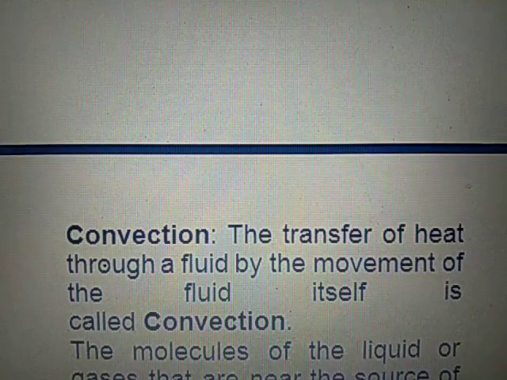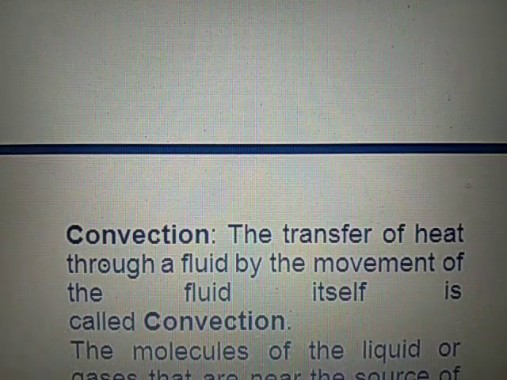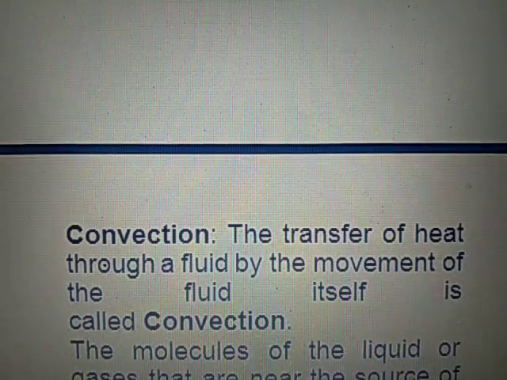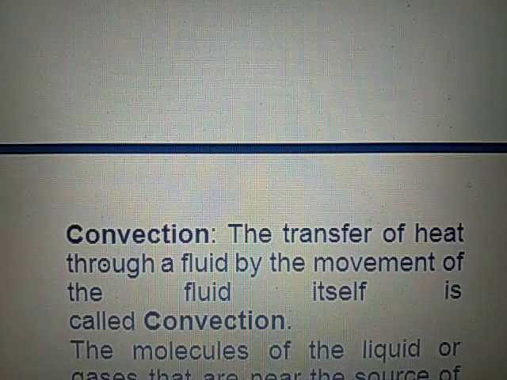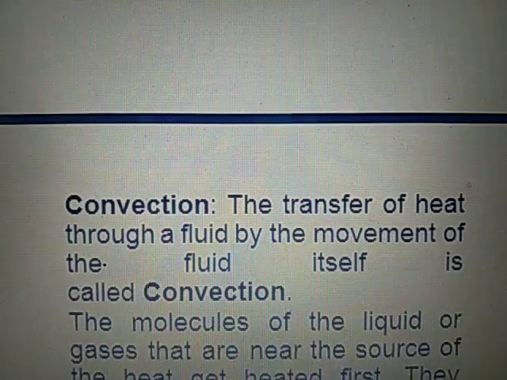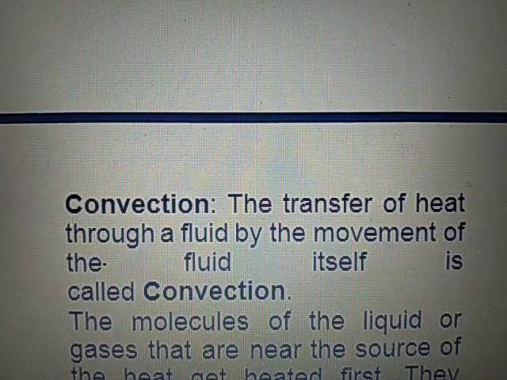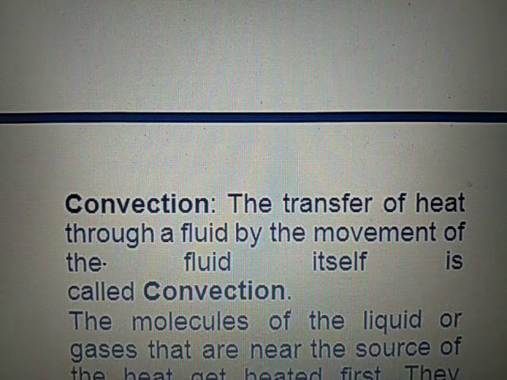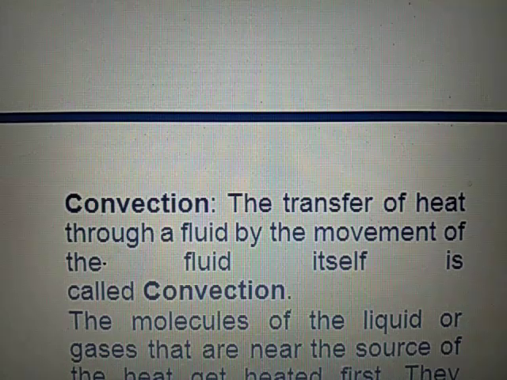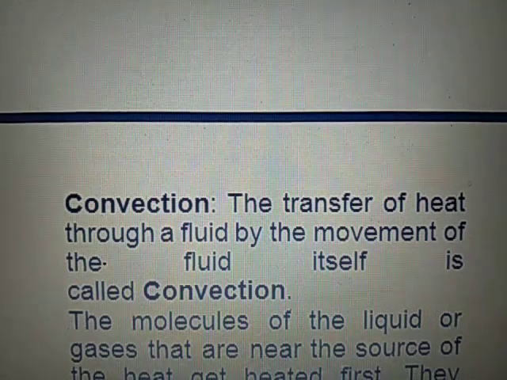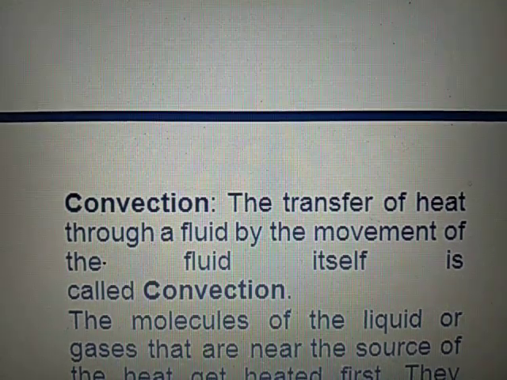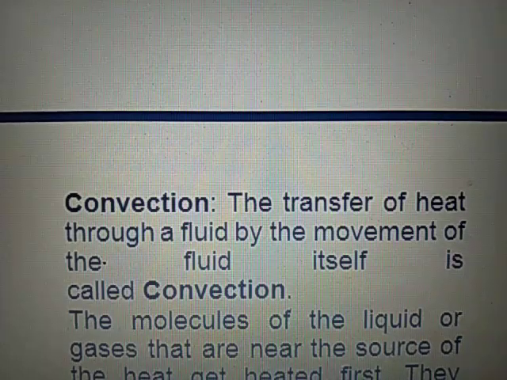The second way of transfer of heat is convection. The transfer of heat through a fluid by the movement of the fluid itself is called convection. It means heat transfers with the movement of fluid.